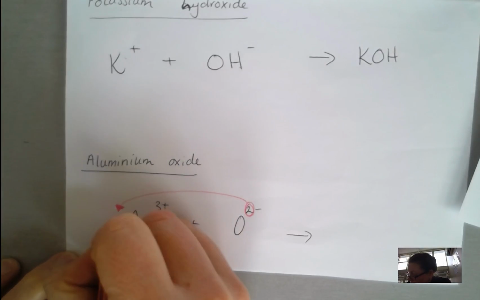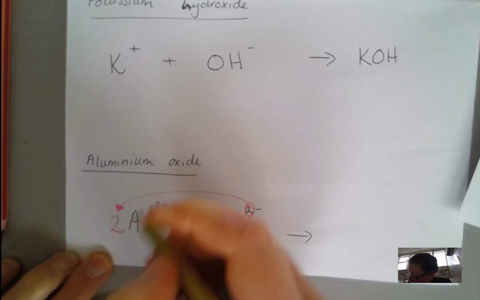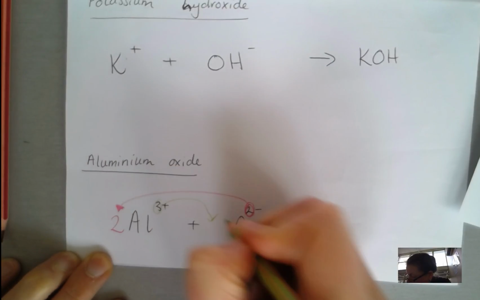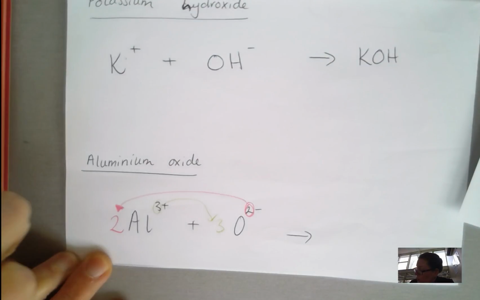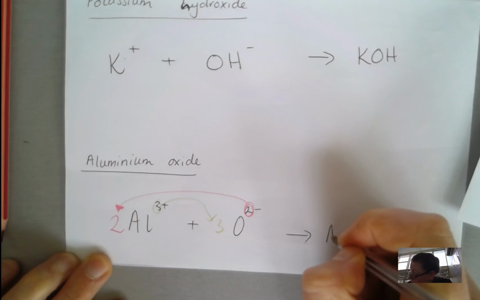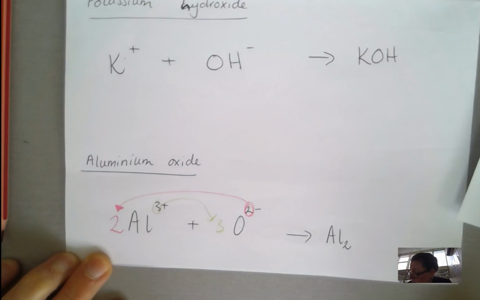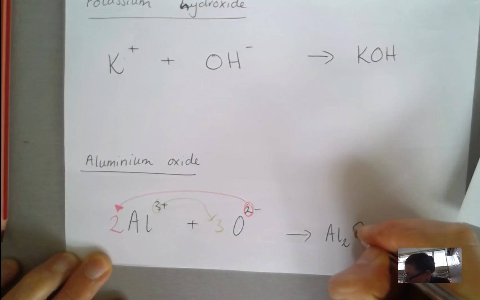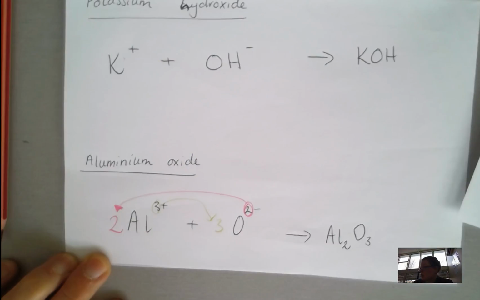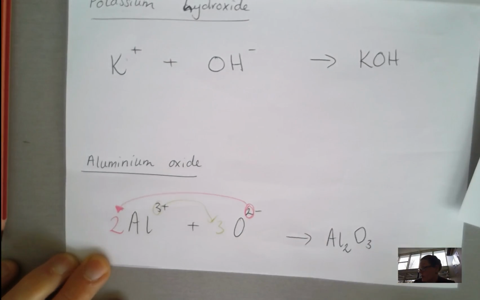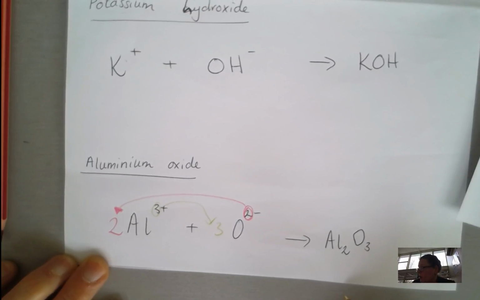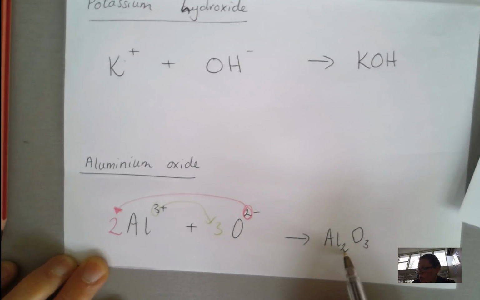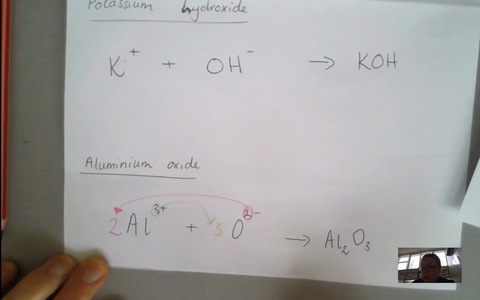We're going to put the 2 here and the 3 here, and the way we would write it is Al2O3. So they're accounted for in subscript. When we talk about how many atoms we've got in chemical formulae, the number is written down the bottom. You might have also noticed we get rid of the charges once it's bonded, because this compound can't be charged.